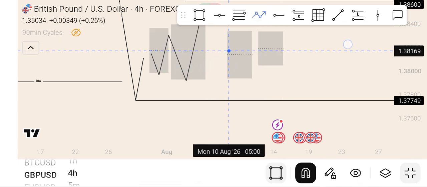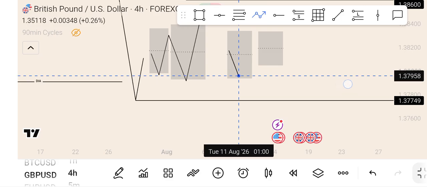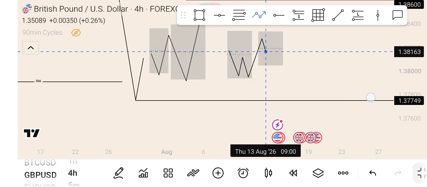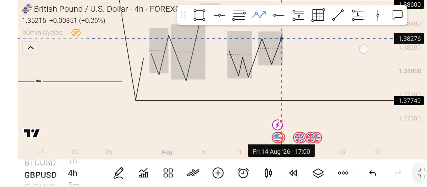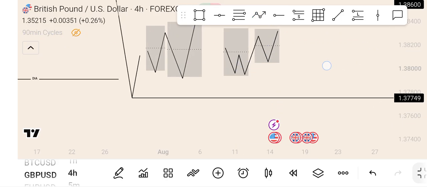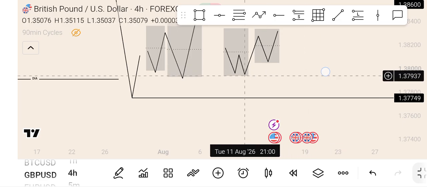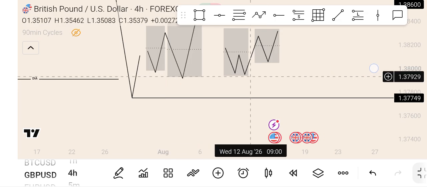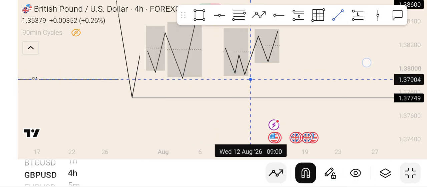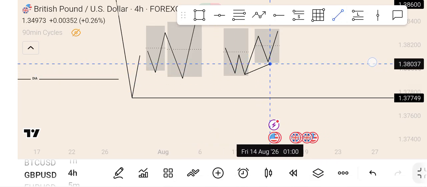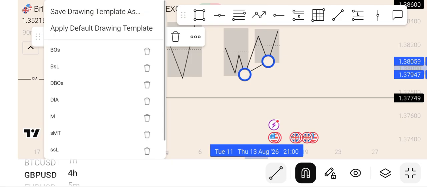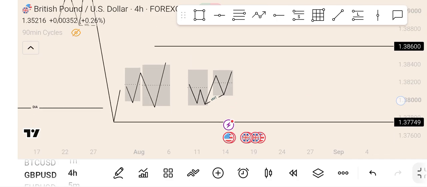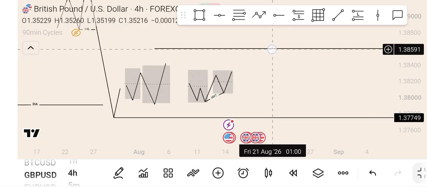On GBP USD, this is what happens. What do you see here? This is the low, this is the high. It took out this low and it failed to take out this low. And we can mark this as what? An SMT. Can you see it? Good. You can expect buys to this side.